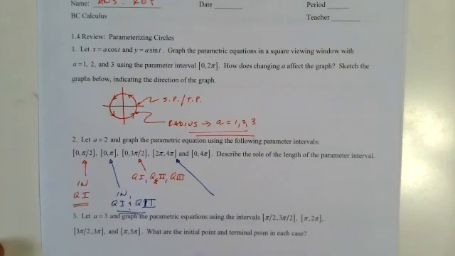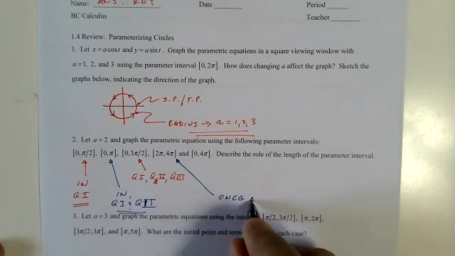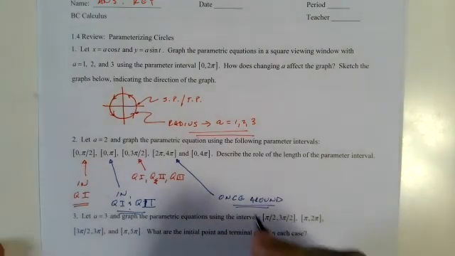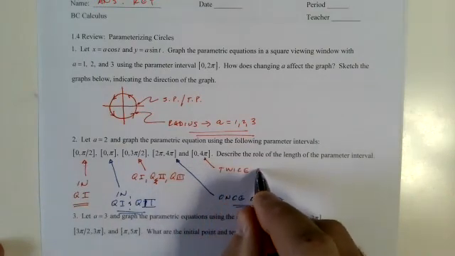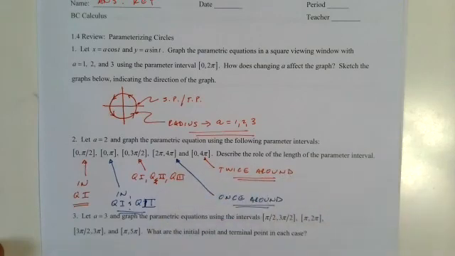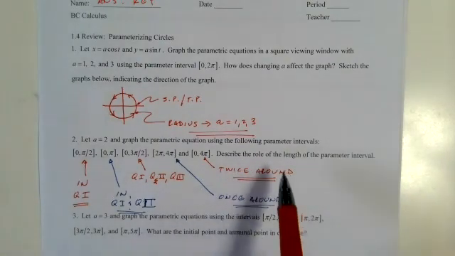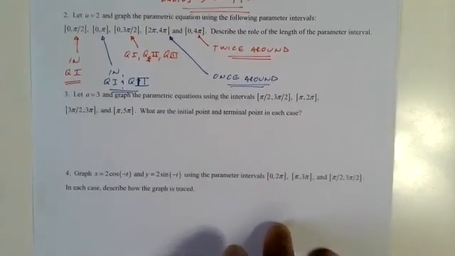No, that actually will do the exact same thing as 0 to 2 pi. That's just once around. And if it goes from 0 to 4 pi, that's twice around. Hopefully that describes the role of the length of the parameter interval.